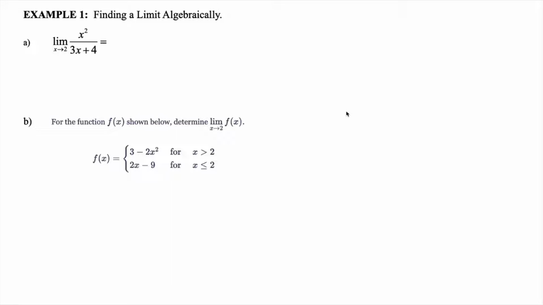First step, plug and chug. Check if you can plug and chug. If you can do that, you're the luckiest person on earth. Get an answer, move on. Let's see if we can do it. So plug in 2.